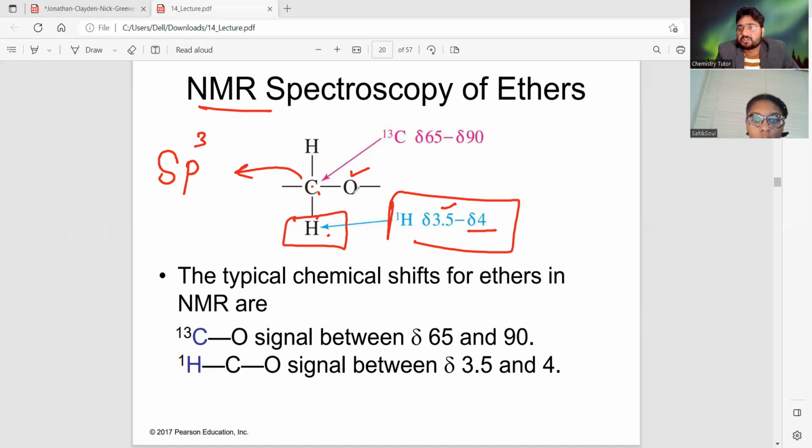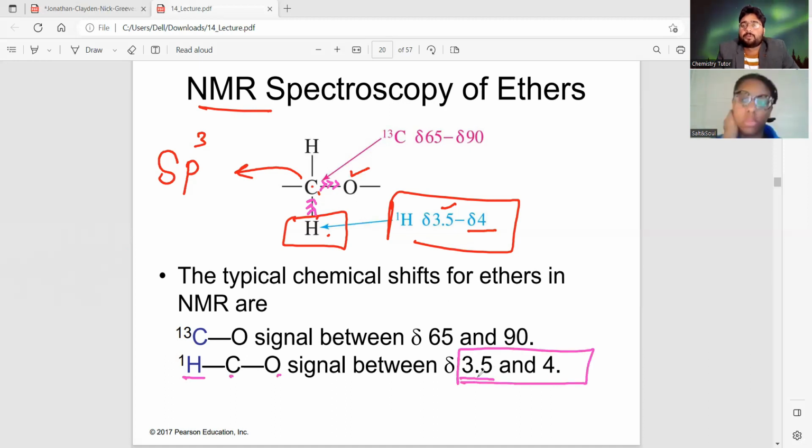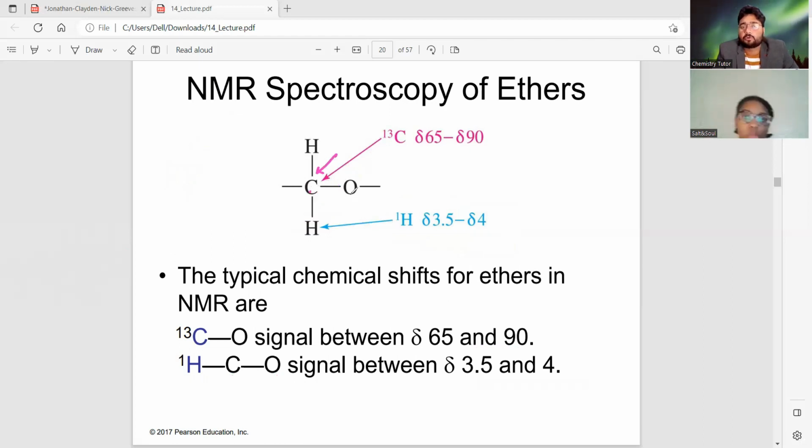Because oxygen has high electronegativity, it withdraws electron density from carbon, which means it is also withdrawing electron density from the hydrogen. If the electron density on hydrogen decreases, the proton becomes de-shielded and appears at a higher chemical shift. So the typical chemical shift for a hydrogen on a carbon-oxygen single bond is 3.5 to 4 ppm, while the carbon directly connected with the heteroatom will appear in carbon-13 NMR in the range of 65 ppm to 90 ppm. Got it?